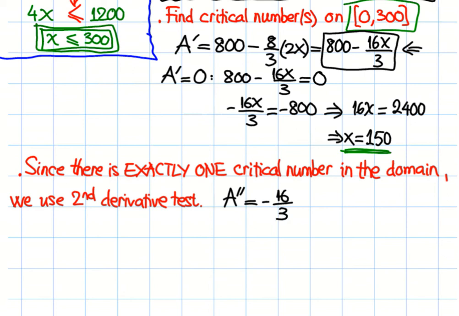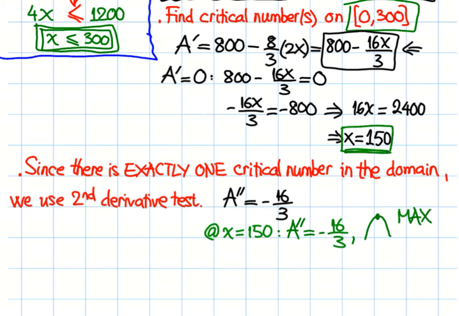The second derivative is always negative, negative 16 over 3. If it's negative, the graph is concave down, and therefore we have the maximum. So we confirm that it is a maximum at x equal to 150. This guarantees a local maximum and therefore also the absolute maximum.